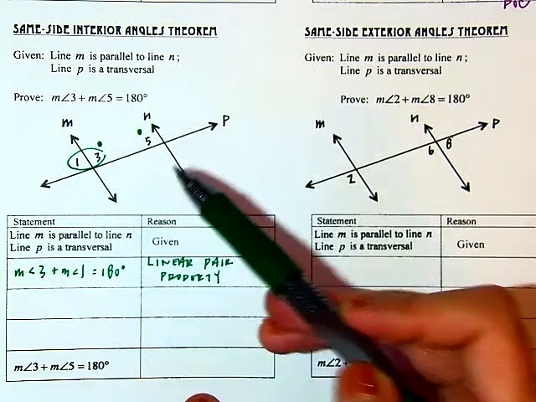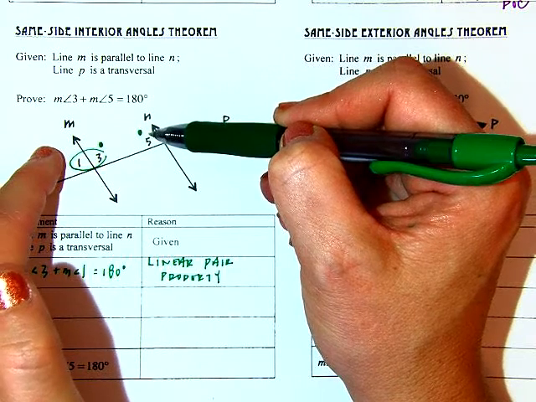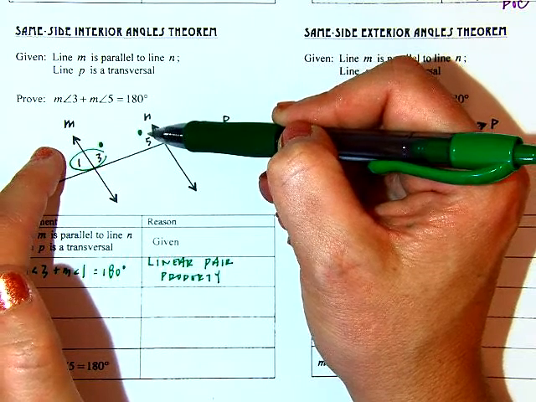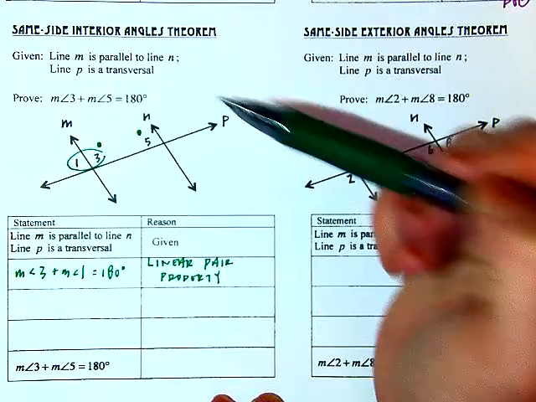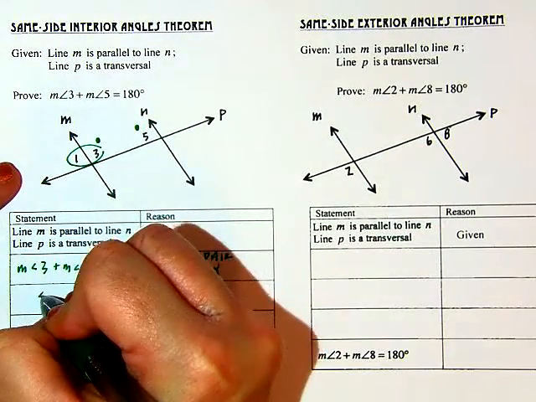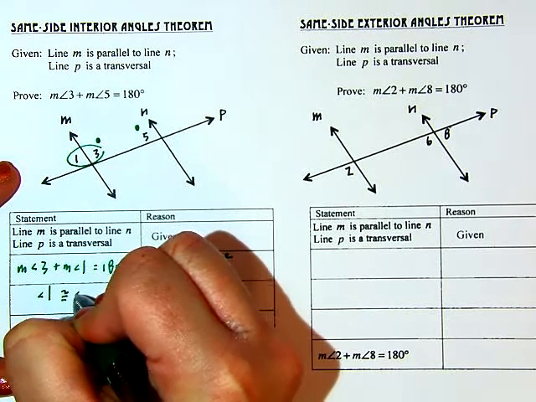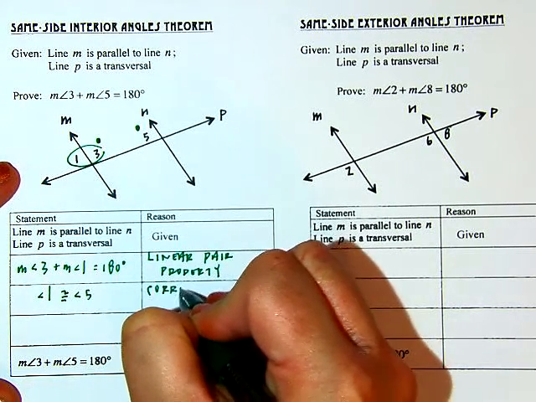Well, they're congruent. 1 and 5 are corresponding angles. Corresponding angles are congruent. I can picture angle 1 sliding into angle 5's position perfectly. So I can say next, angle 1 is congruent to angle 5. Corresponding angles postulate.